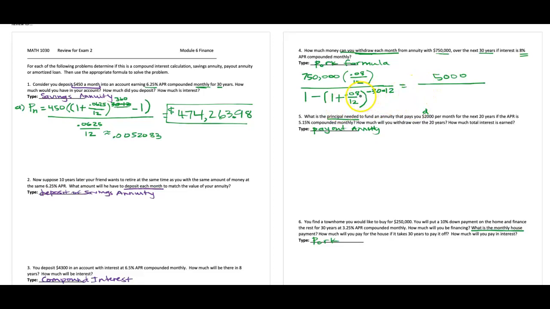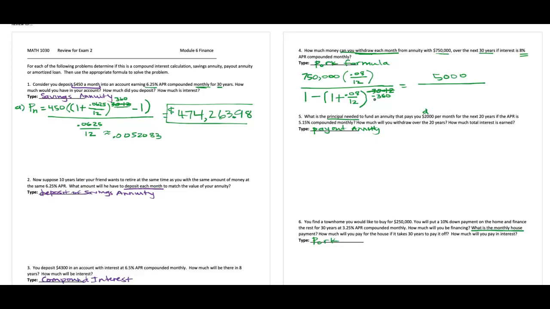All right. So again, on this one, make sure you know that negative 30 times 12 is going to be the negative 360th power. Do that first. So start off with 0.08 divided by 12.